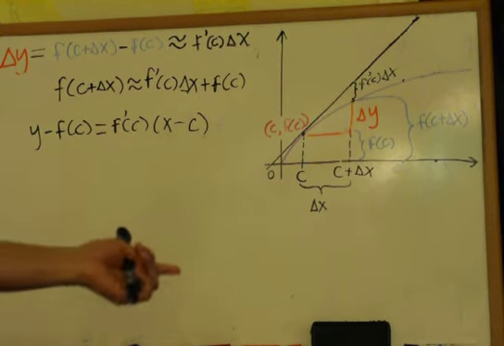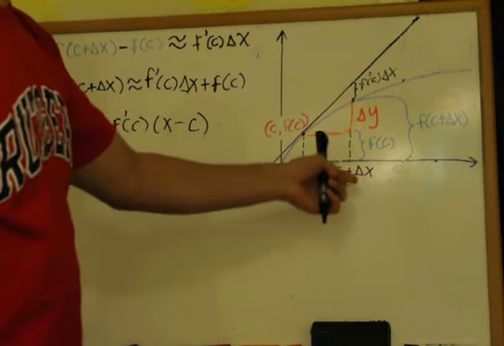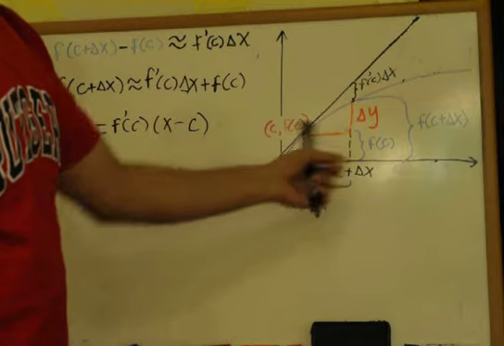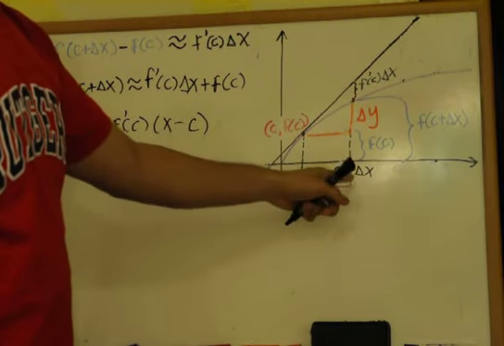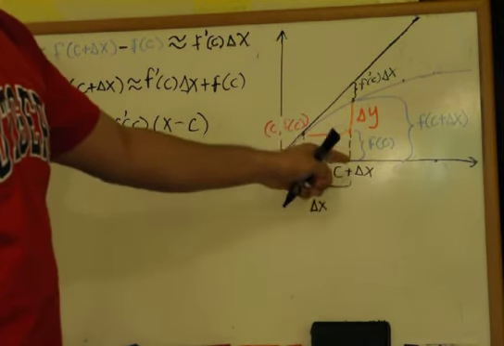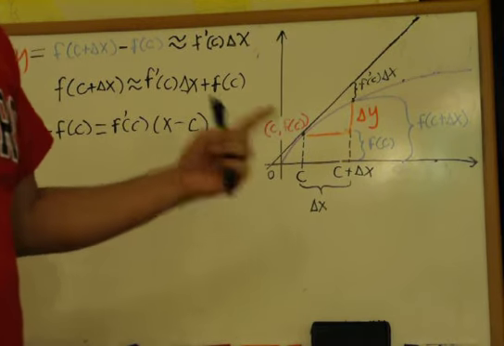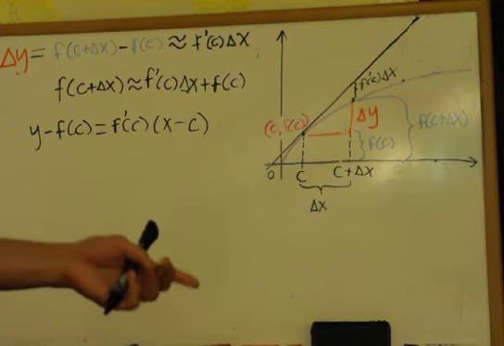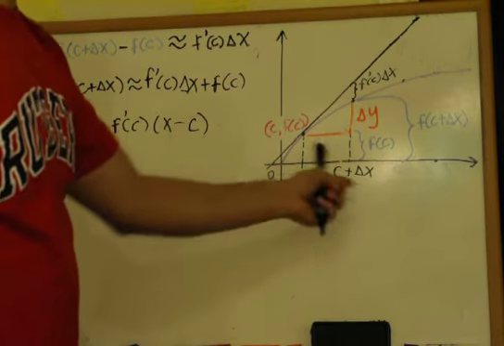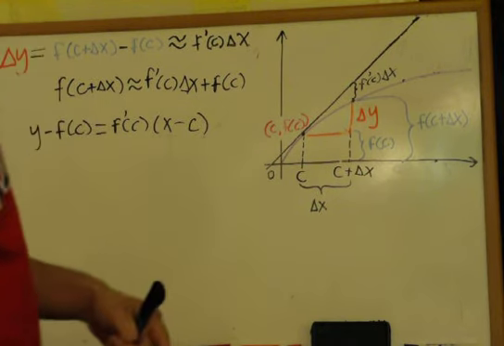That's easier to evaluate, and x and delta x is a distance, but x would be the value that we're trying to approximate, and c is the easier value that we can evaluate, and the distance between those two values is delta x.